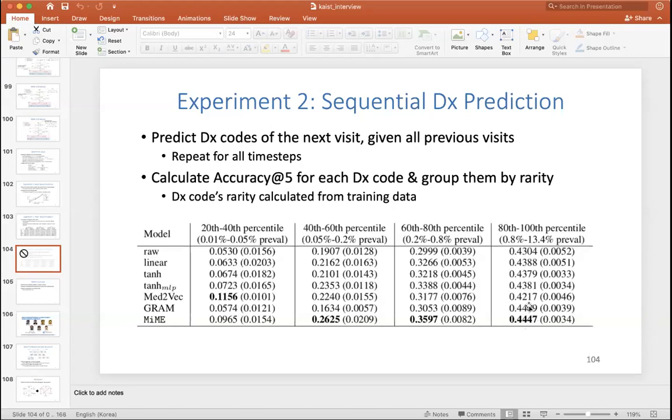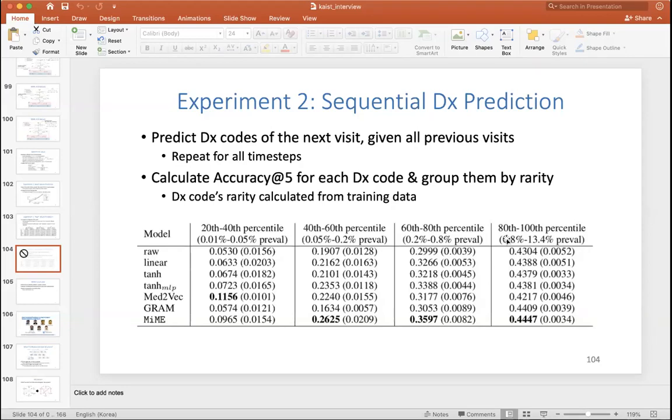If you're dealing with really, really frequent diseases like hypertension, then there's no clear benefit to using advanced models such as MIME. You're fine with just flattening the structure, and you can still get by. This is as good as 44%, this is as good as 44%.